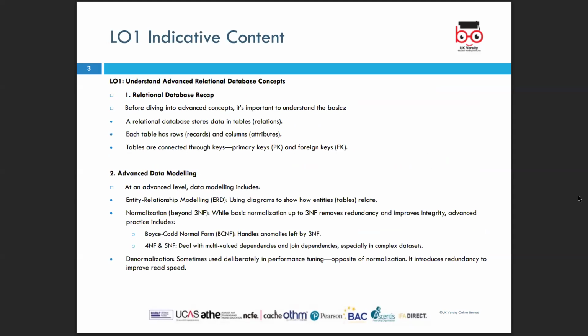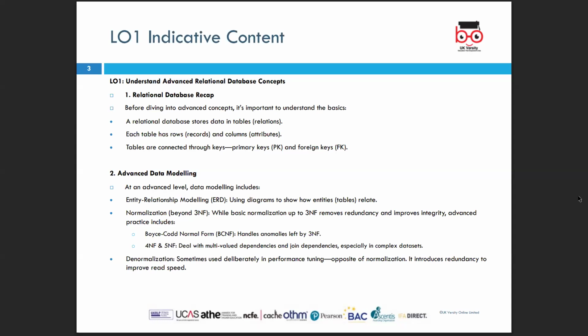So some of the indicative content that we'll be covering in today's session is that we're going to look into SQL, SQL database and non-SQL. Then we'll look into defining what a relational database is, what types of relational database are available.